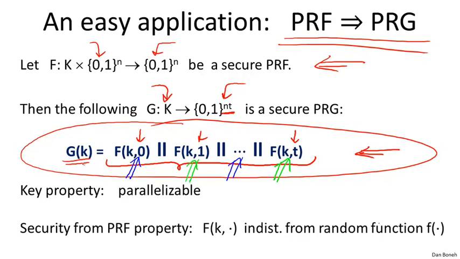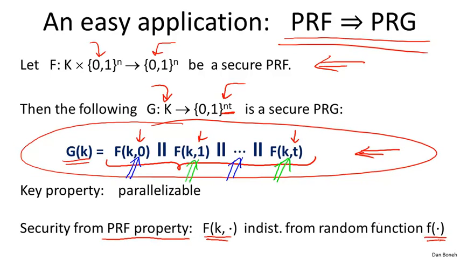Here I'm only going to give you a little bit of intuition, and we're going to come back and argue this more precisely later on. Security basically follows directly from the PRF property. The way we reason about security is we say that this PRF by definition is indistinguishable from a truly random function on 128 bits.